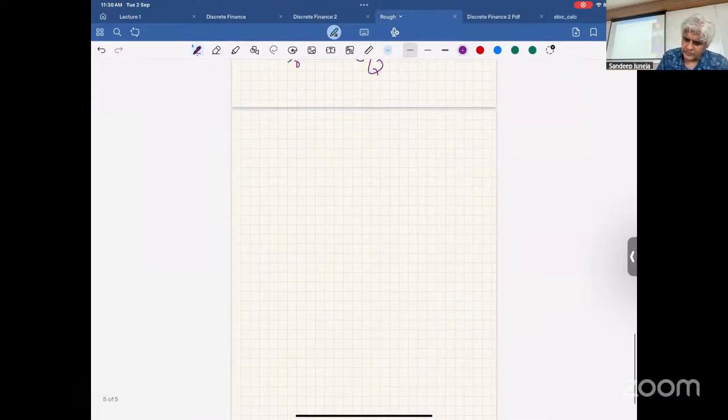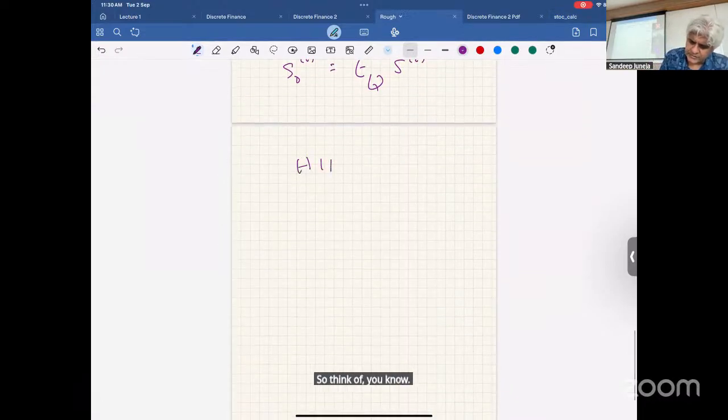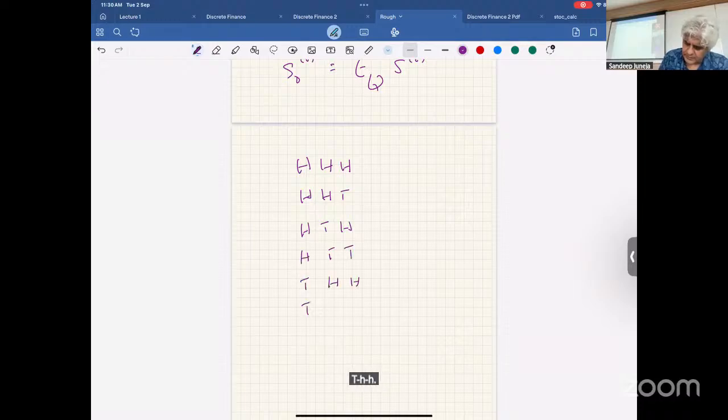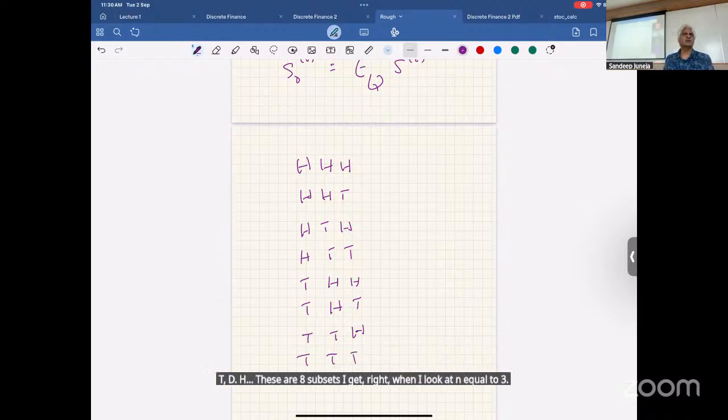So think of HHH, HHT, HTH, HTT, THH, THT, TTH, TTT. These are 8 subsets I get when I look at n equal to 3. Okay, so my omega b has been partitioned into 8 subsets. And now I can look at any combination of these, a power set.